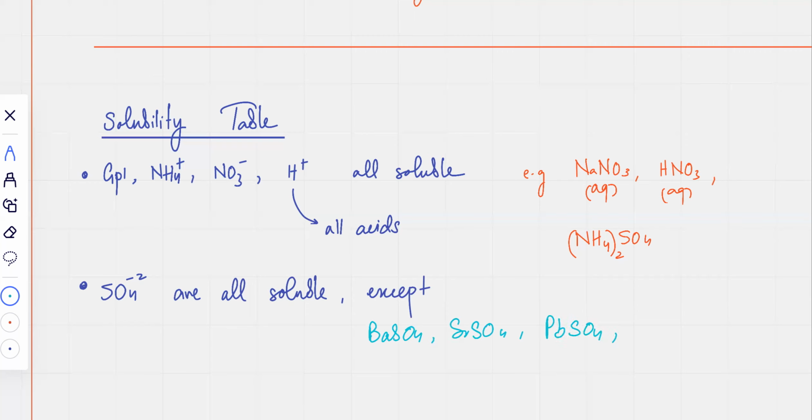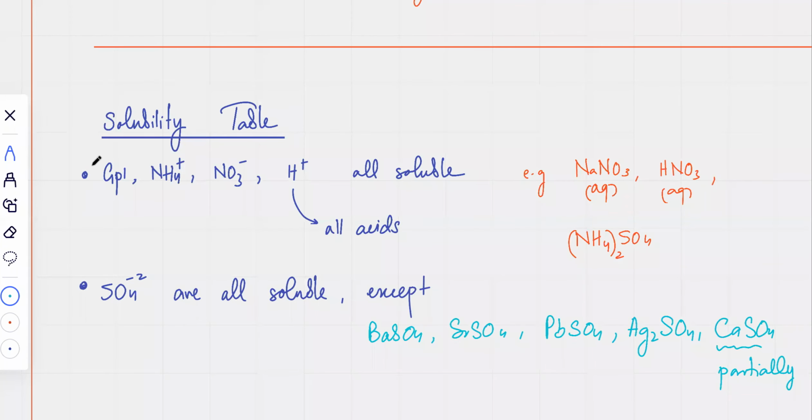PbSO4, not soluble. Ag2SO4, not soluble. And you've got calcium sulfate as well. This one is partially soluble.